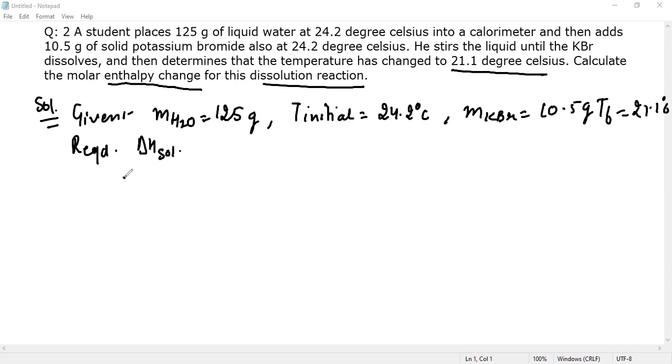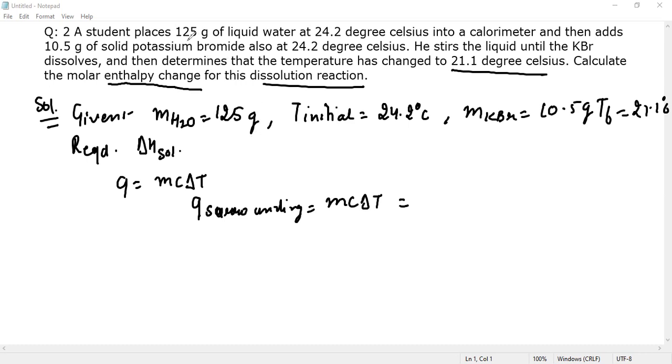Q is equal to mc delta T, right? And in this case, Q will be Q of the surroundings. Q surrounding is equal to mc delta T. I will tell you more about why we wrote surroundings here. So what is m here? That would be water.